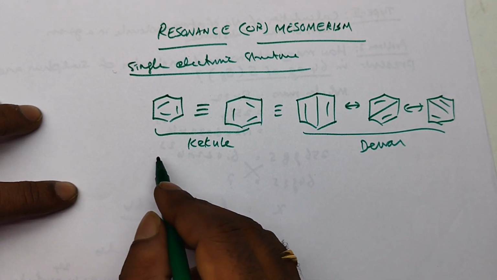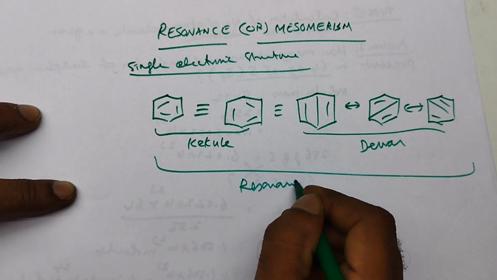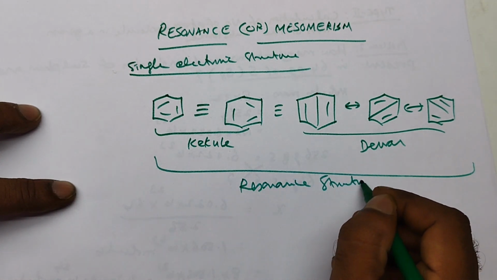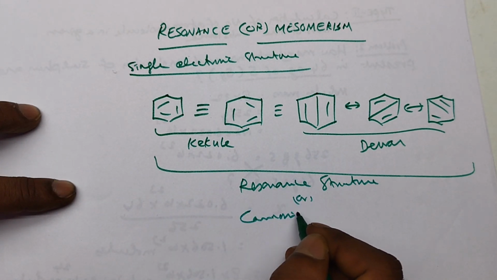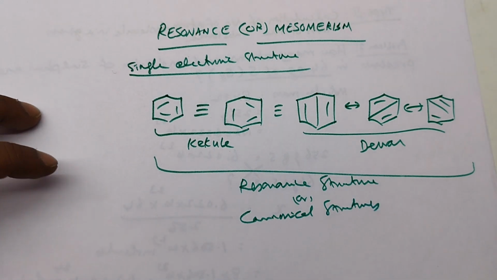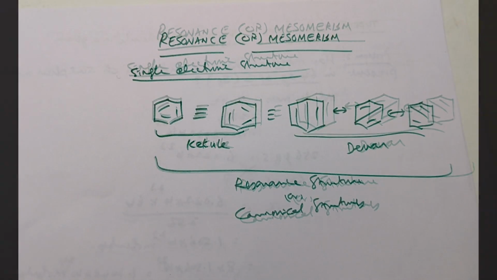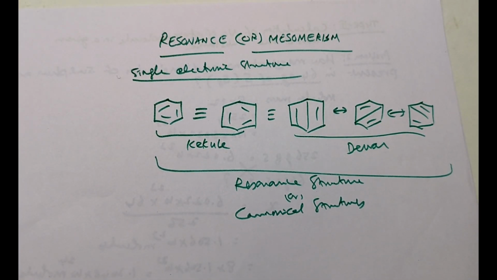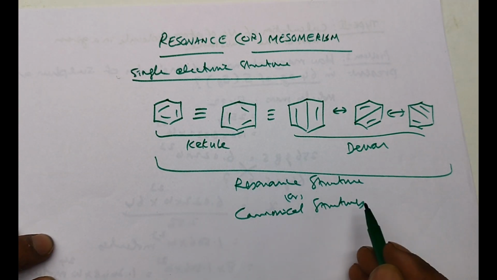So these are all called resonance structures or canonical structures. The various Lewis structures are called canonical structures or resonance structures.